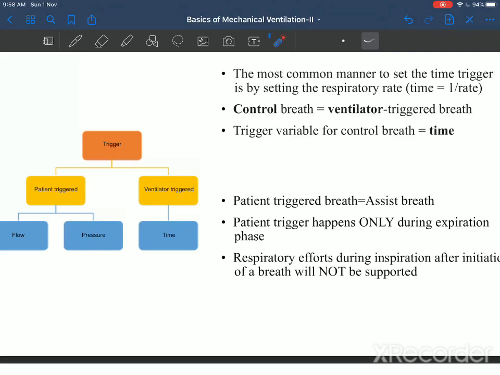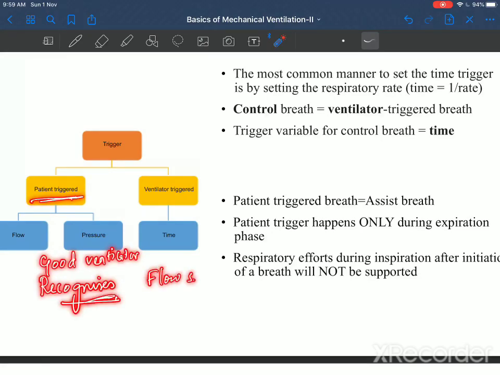For these things to happen properly, you need to have a good ventilator. Good ventilator as in a ventilator that recognizes that a patient is trying to take a breath. If the ventilator does not recognize, then it's of no use for you to set a patient trigger. For this recognition, you need a proper flow sensor.